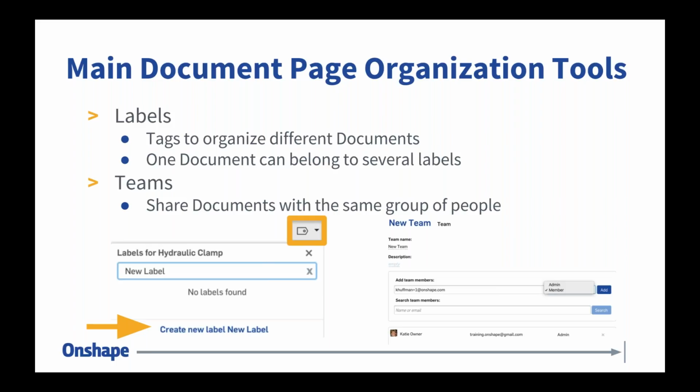First off, labels make it an easy way to tag documents under a certain name. So if I had multiple documents that are all related in some way, I might tag them all with the same label, right? And that means that I can efficiently filter by that label later.